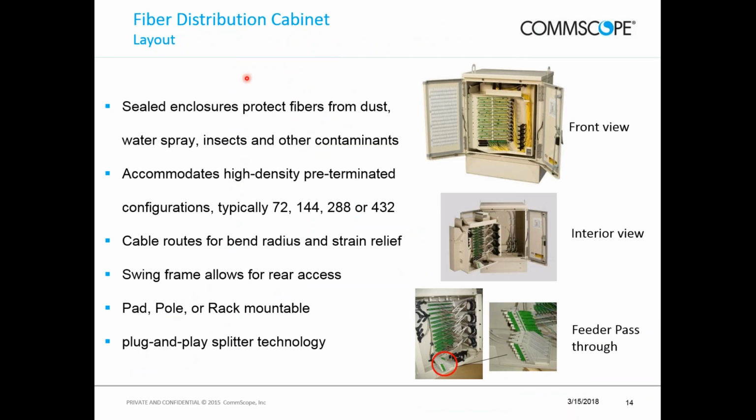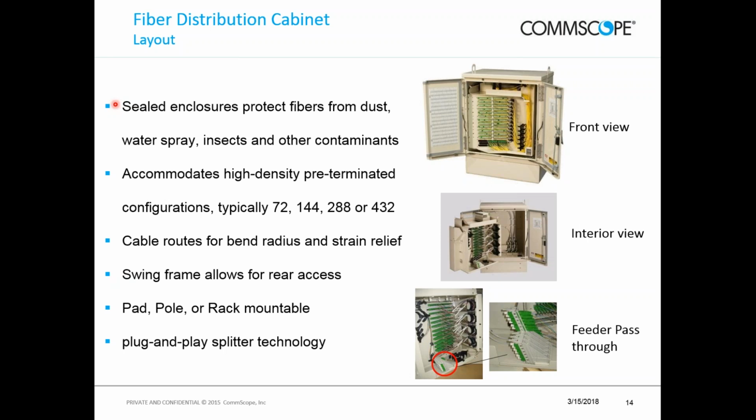I want to look at the actual equipment here and give you a flavor for what that type of stuff looks like. Certainly I'm using slides from our company. There are other devices out there, but they essentially do the role of protecting and managing that optical splitter out in the network. Okay, so for most of these types of uses, you're going to look for a sealed enclosure.